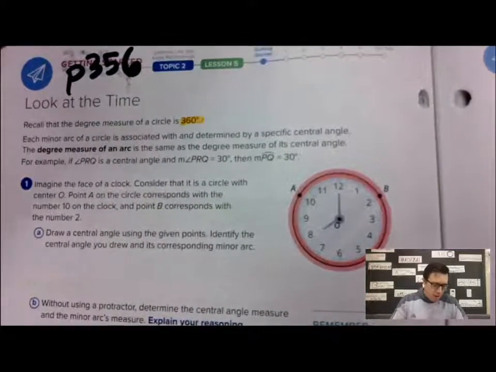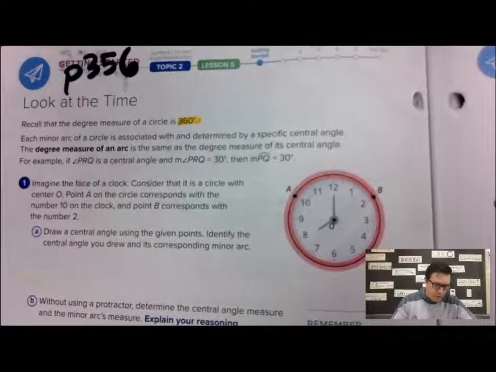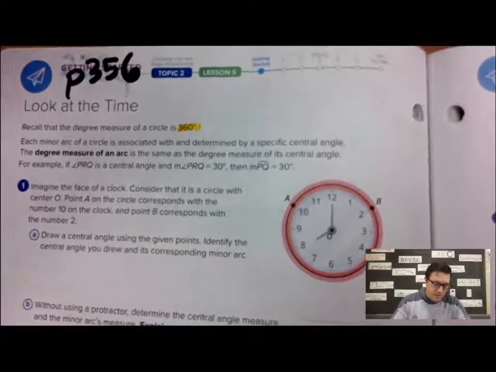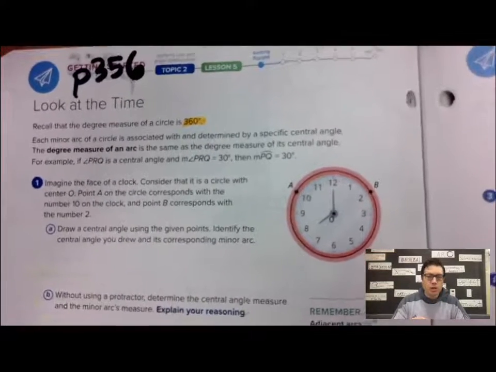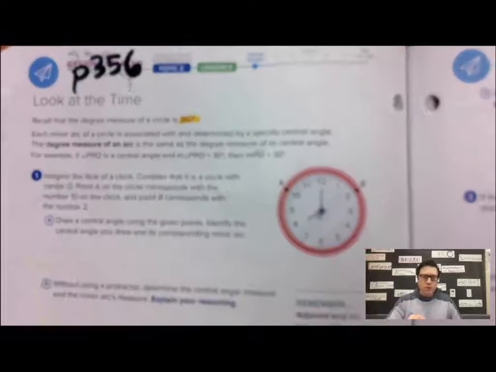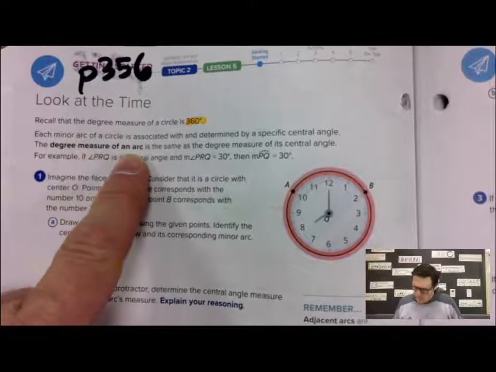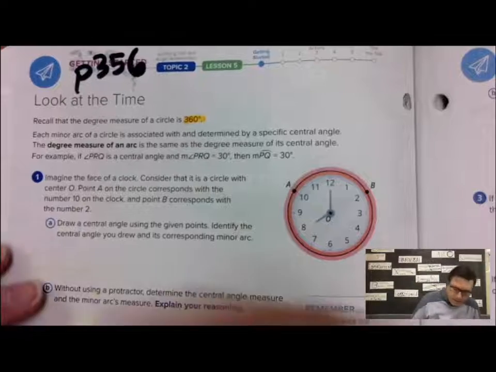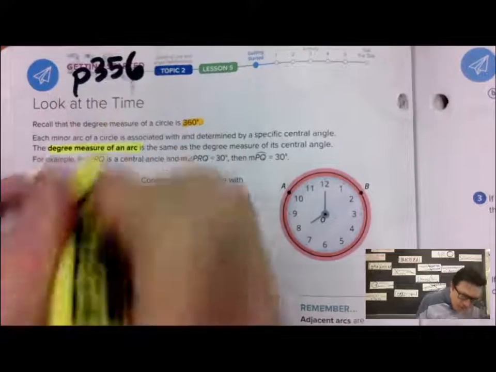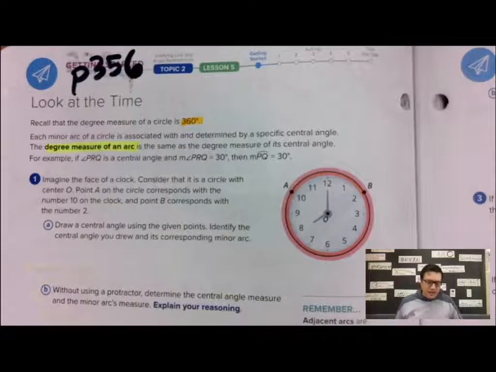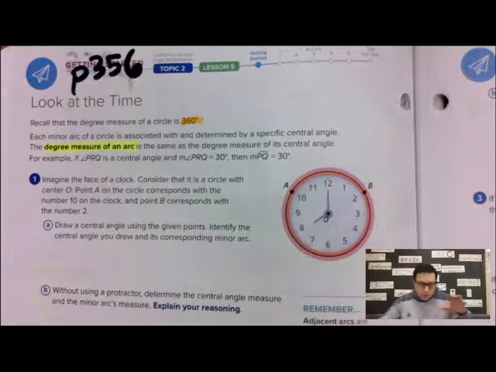Each minor arc of a circle is associated with and determined by a specific central angle. And I've seen this for a lot of yours as you're working on your math here, that's what you needed to be focused on. The degree measure of an arc, bold word, vocabulary, highlight it. The degree measure of an arc is the same as the degree measure of its central angle. Did you catch that?